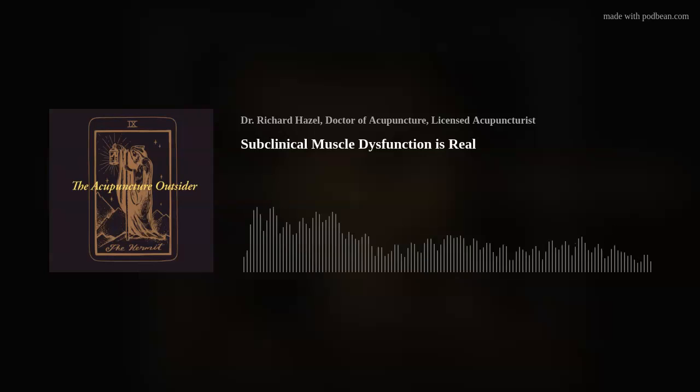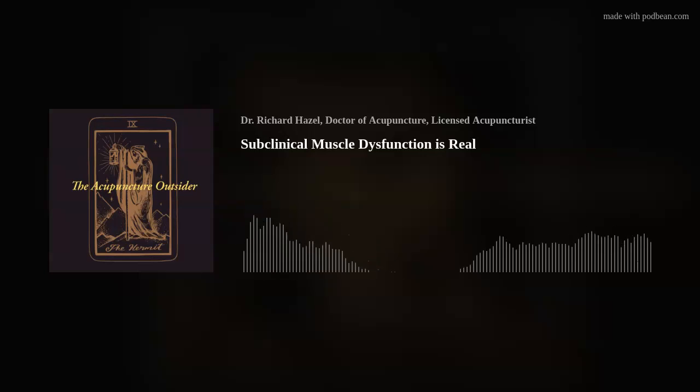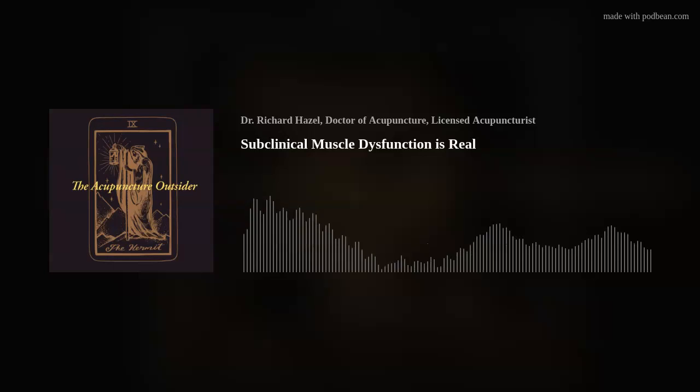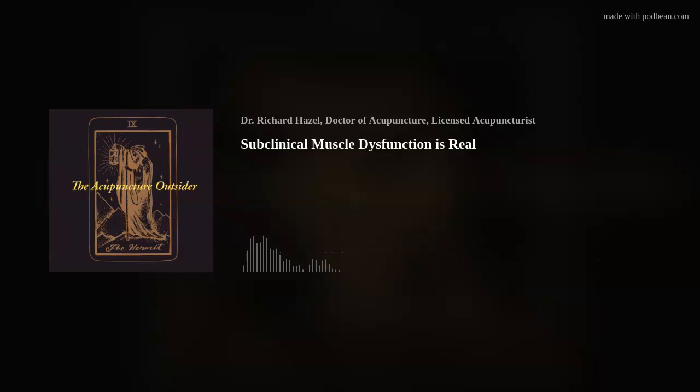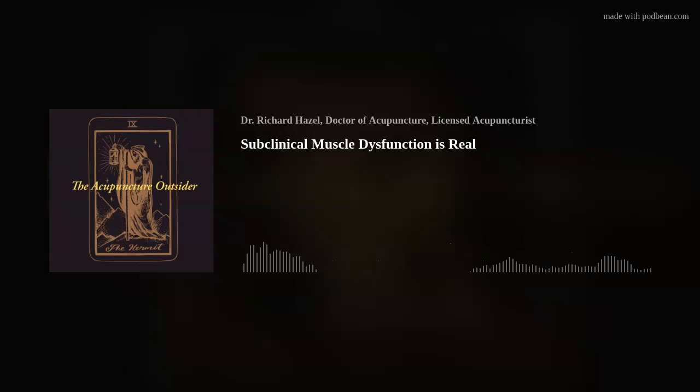I have a patient who's almost 70 and she has a bit of scoliosis and she just comes in once a month for a tune-up to keep her muscles loose, because this style of acupuncture has been the only source of pain relief that she's experienced in years.